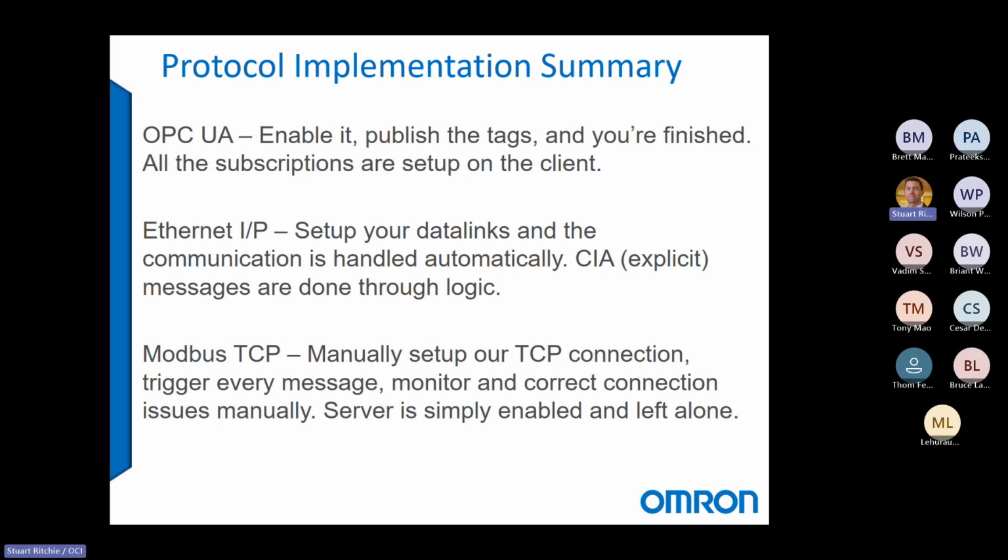Speaking of Modbus, as you saw, it is something we manually set up in our logic. We manage the connection, we control the polling, and we have to map that data. This is, from my experience, the way Modbus has always been on multiple platforms. A little more cumbersome, but a very simple protocol, very well documented.